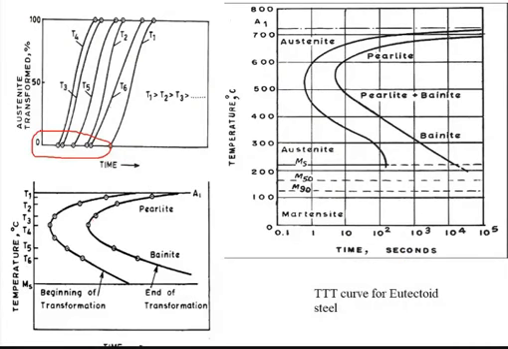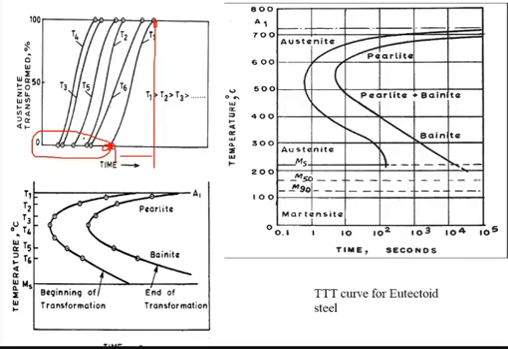There is no transformation of austenite to any other phase. From this point onward, transformation starts, and at this point it ends, meaning 0% to 100% of the austenite is transformed. This is the time required for transformation of austenite to pearlite or austenite to martensite, whatever it may be.